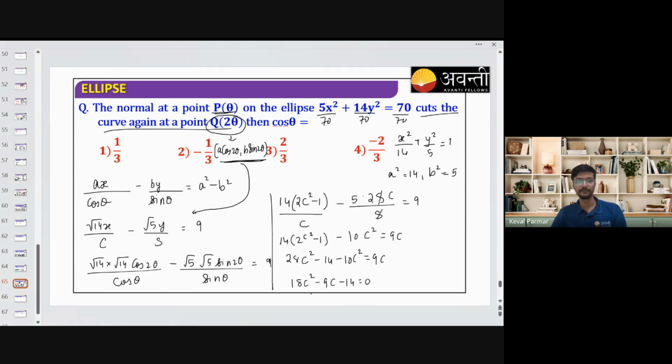What are the factors, guys? 18 and 14. So I can write 9 and 28. No, right?